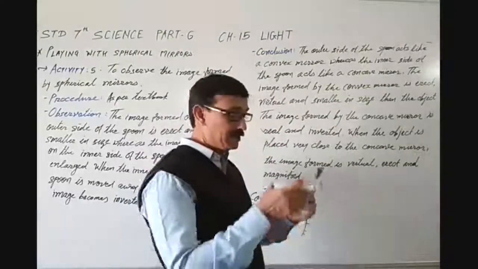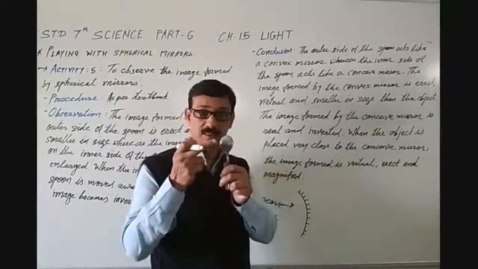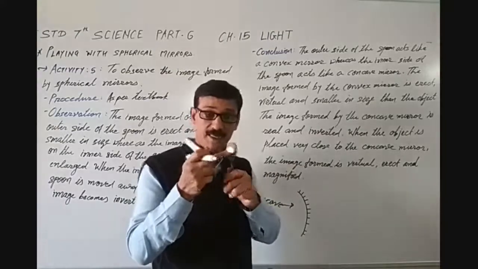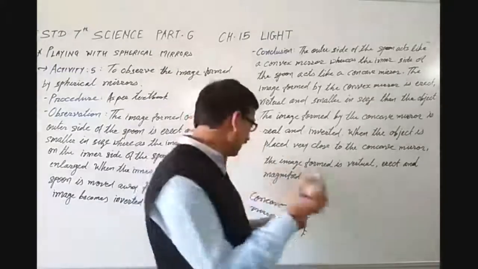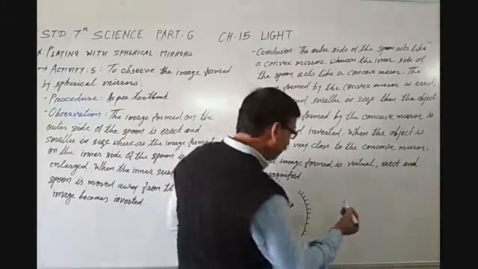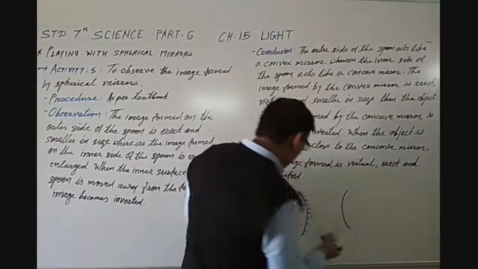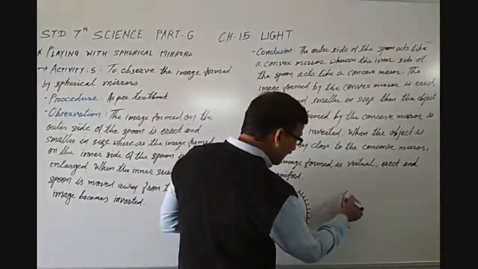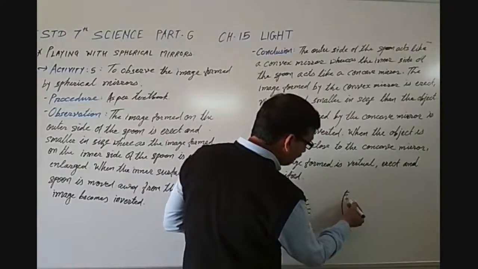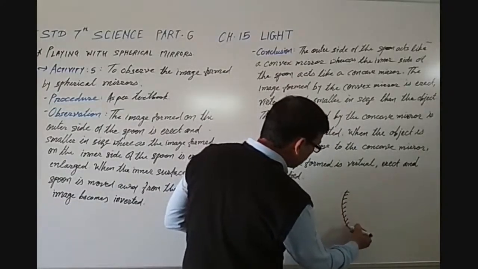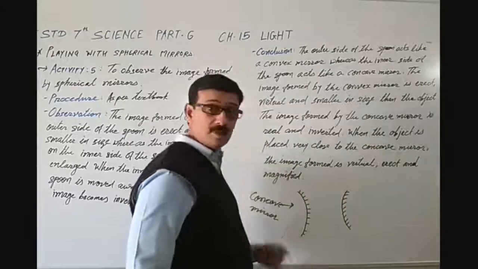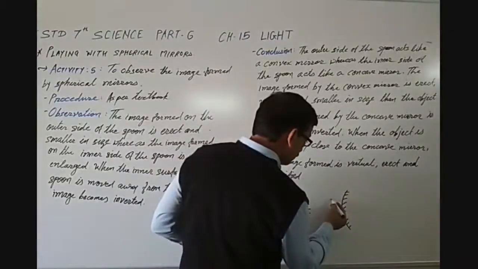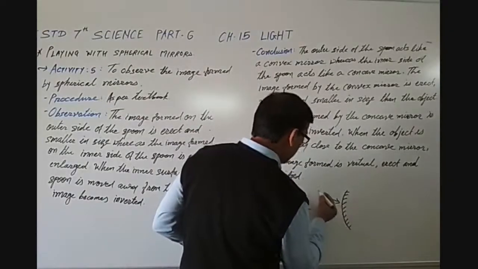And see, this is the outer surface, then if I draw something like this, it will be the same as it is. But now this outer side is working as a mirror, so on this side let me put these lines. So this is convex.